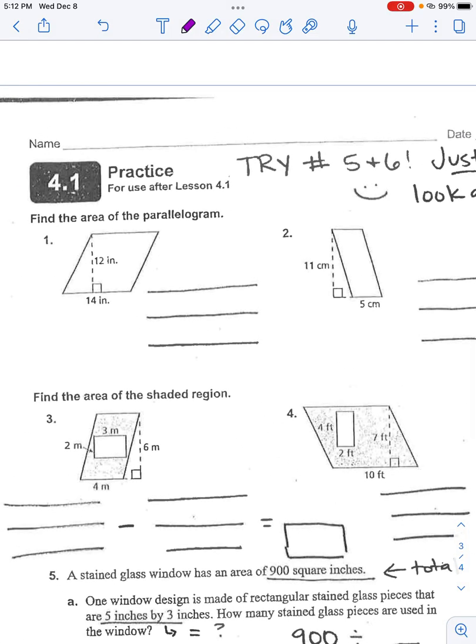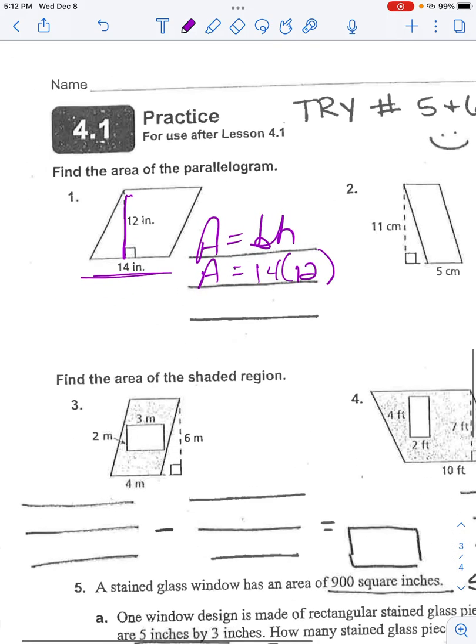Number 1. All of these lines are reminding you that the formula goes on line 1. We're going to substitute on line 2. 14 is the base. The height is the straight vertical line.